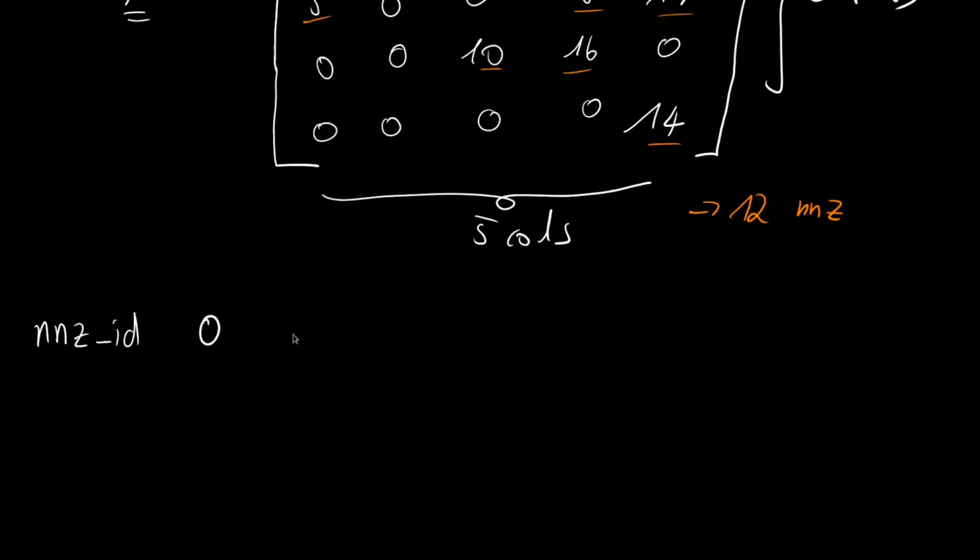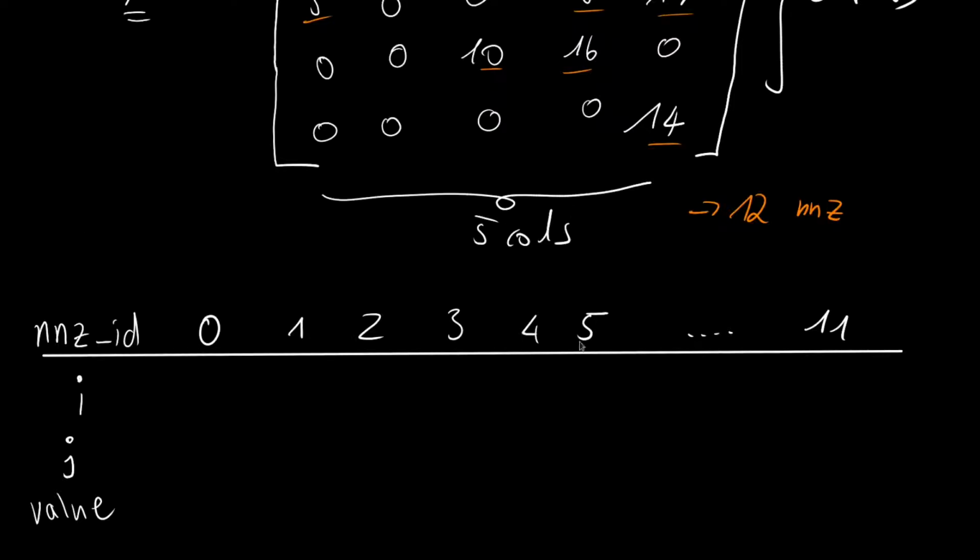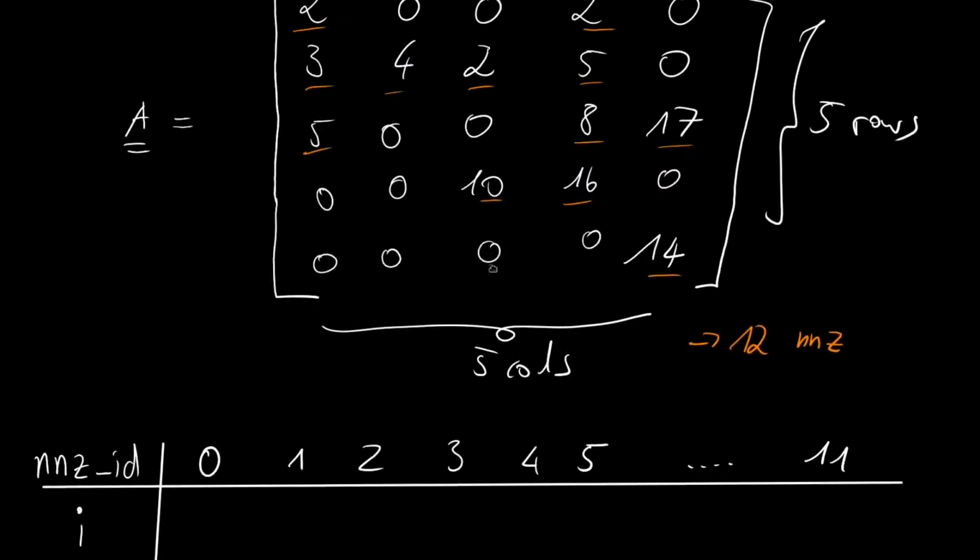So this goes 1, 2, 3, 4, 5, and this goes all the way to 11 because we have 12 non-zero entries. And then we save the i, we save the j, and we save the value. Okay, let's get us some horizontal line here. Great. So let's try to get this down.